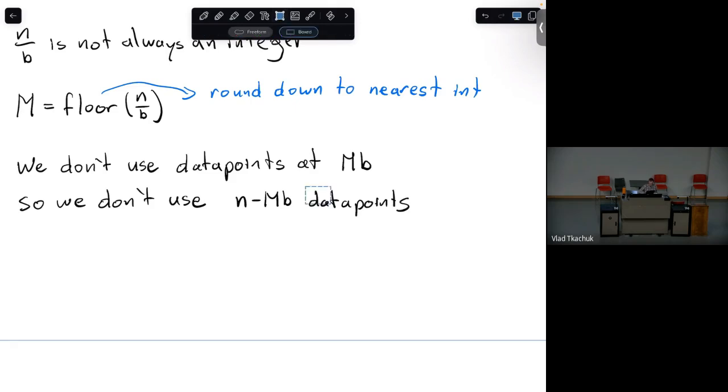Okay, and so is this terrible? Well, this thing is always less than b, so at most you're missing out on something smaller than one batch. If n is like 1,000 and your batch size is like 10, you're missing out on at most 10 data points. It's not a big deal. In practice, you'll find that people actually do use this last small chunk, but then in your algorithms you always have to write an if case: if you're at the last one, handle it in a different way, and so on.